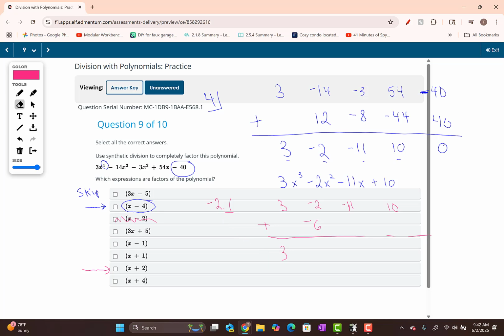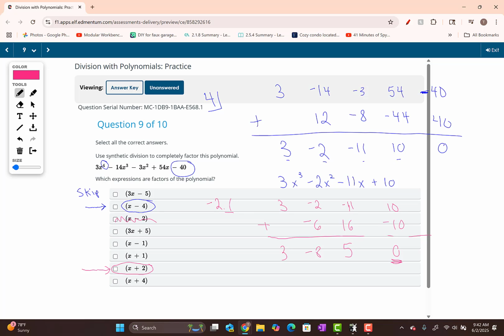Negative 2 minus 6 is negative 8. We're going to multiply that by negative 2. Negative 2 times negative 8 is positive 16. Negative 11 plus 16 is 5. Multiplied by negative 2 gives us negative 10. And there we go. No remainder. So this is also an answer choice, because we end up with a remainder of 0.